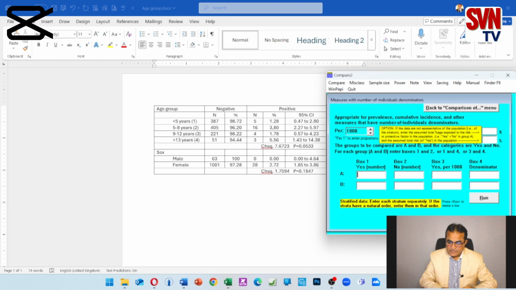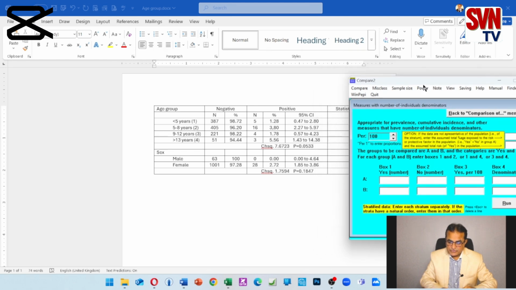And then we need to click at the second component, compare two variables. Yes is 0 and no is 63. And for the second, yes is 28 and no is 1001.